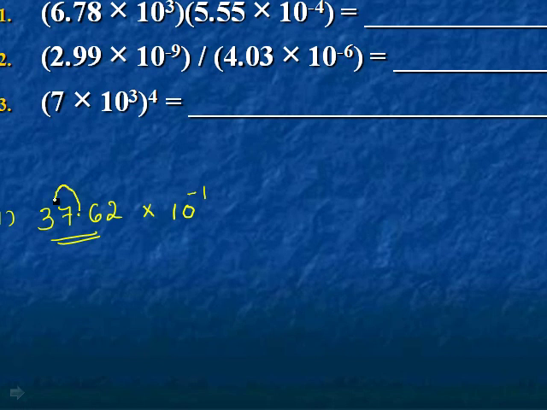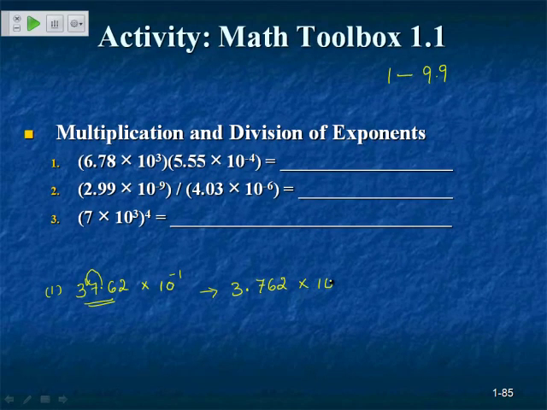If you move this one place to the left, now you get 3.762. Is that number between 1 and 9.9? Yes, we are good. So the number part is okay. What happens to the 10 to the power part? It was negative 1 before, but now we moved the decimal point to the left. What do you do? Each place we move is 1.